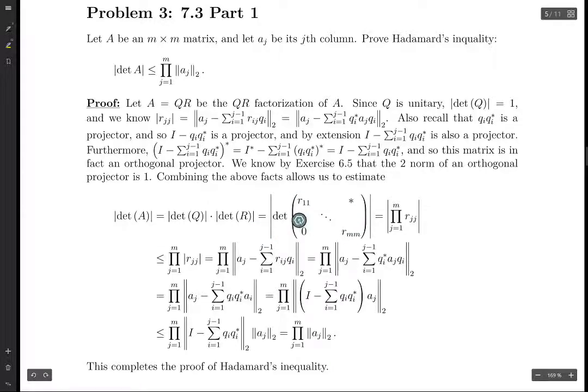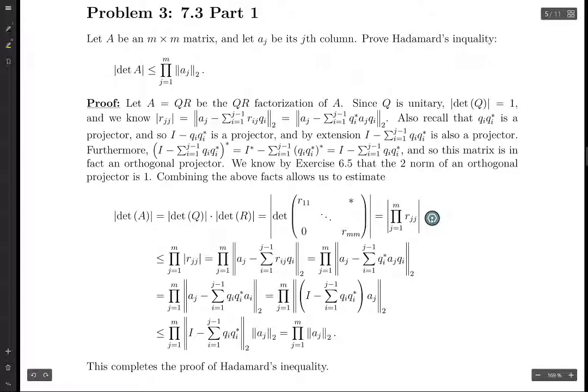And that looks like this, because we know that R is upper triangular, with zeros down here, who cares what's up here, and these diagonal terms. If we expand along each of the columns, we'll just get the product of the diagonal entries. That's a standard linear algebra fact, that the determinant of an upper triangular or lower triangular matrix is the product of the diagonal entries.